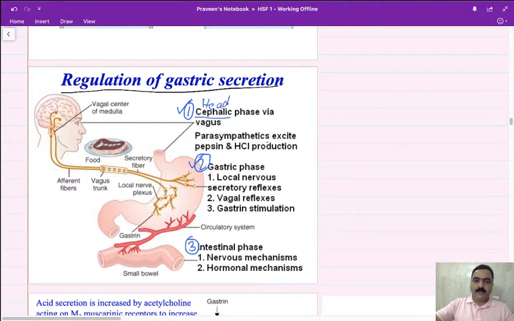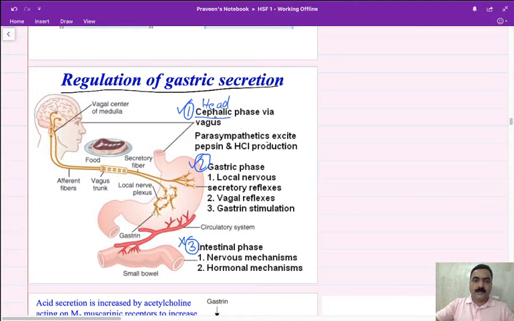So when the food is in the mouth, or when the person is thinking about the food, seeing the food or smelling the food, all this is referred to as the cephalic phase. The gastric phase is when the food is in the stomach. The third one is the intestinal phase, which is inhibitory. When the food passes down from the stomach to the intestine, it acts as an inhibitory phase for the acid secretion.